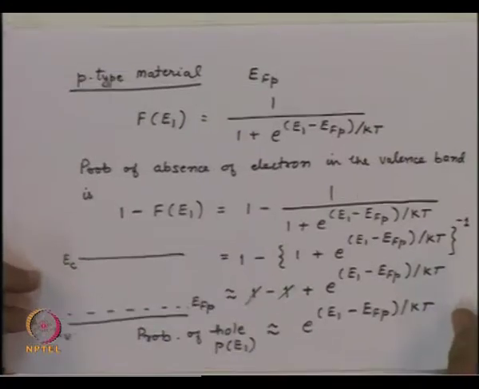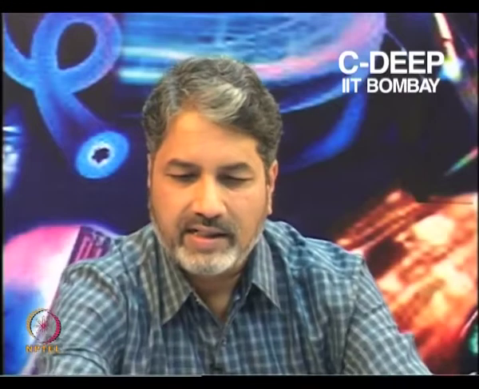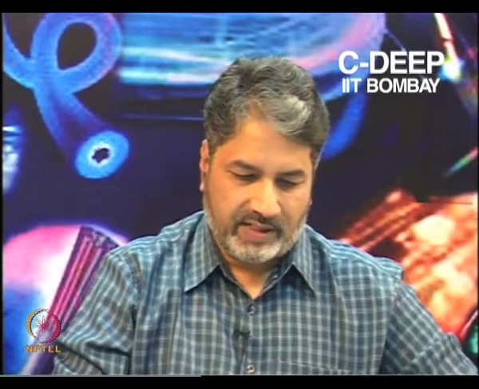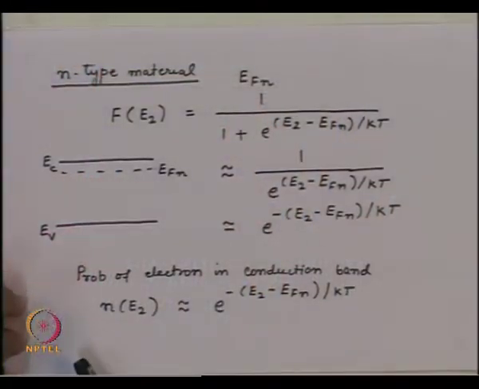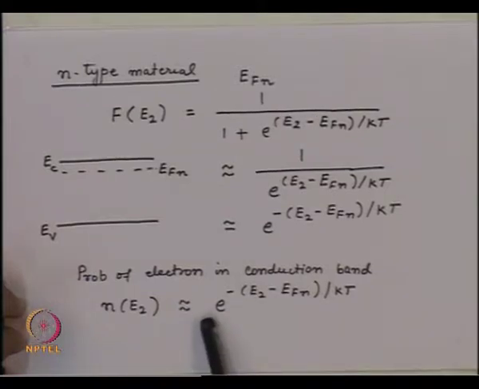Similarly, we did the exercise for the n-type material, and then we said the probability of having an electron in the conduction band is approximately given by again this function, which is the exponential function.